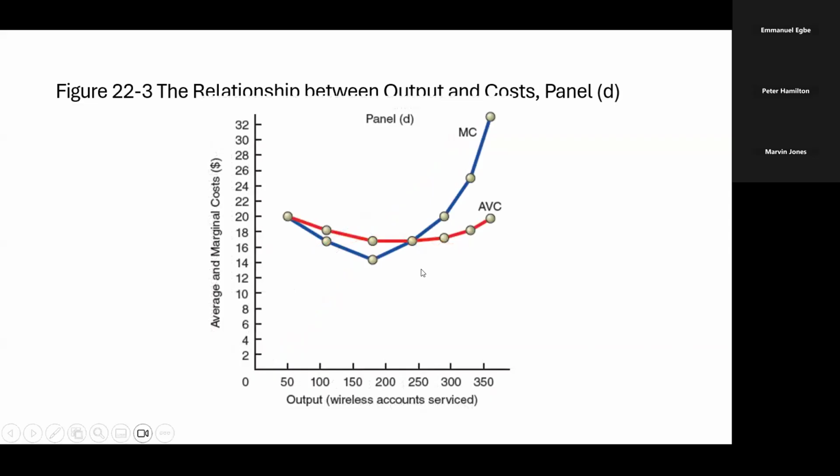Now, what is the implication? You can see that as average product is falling, so average cost will begin to rise. Same way as marginal product is declining, marginal cost will begin to rise.